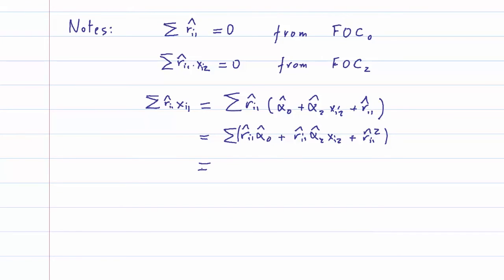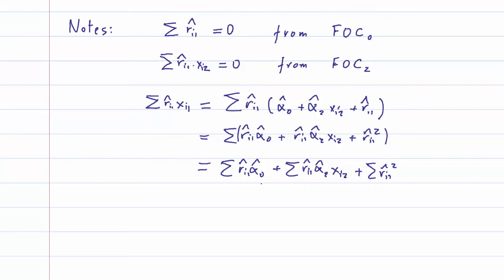Then I break this sum: the sum of ri1 hat alpha 0 hat plus the sum of ri1 hat alpha 2 hat xi2 plus the sum of ri1 hat square.